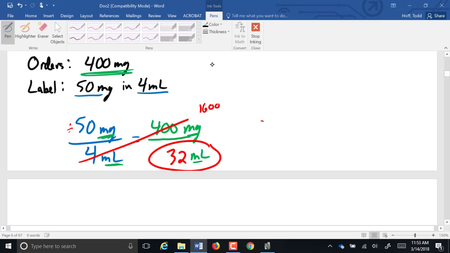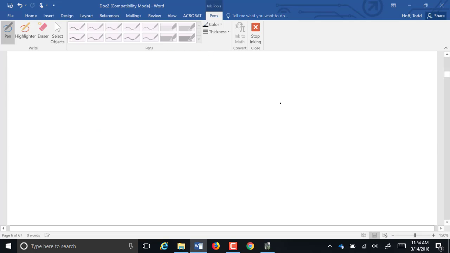Now I said there's weaknesses in this whole formula, the proportion. And what that would be is if we run into something like this, where a doctor orders 5,000 units of a medication.